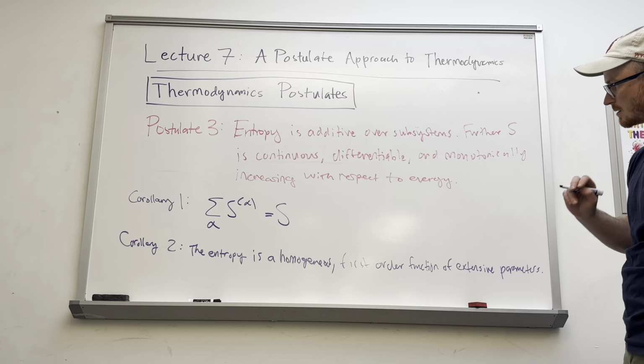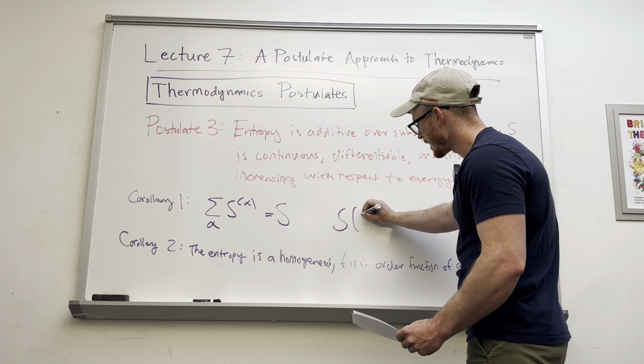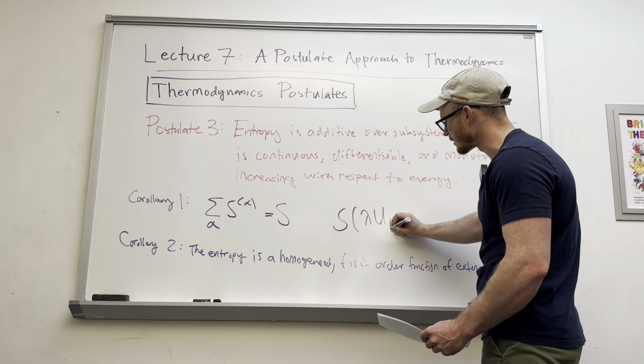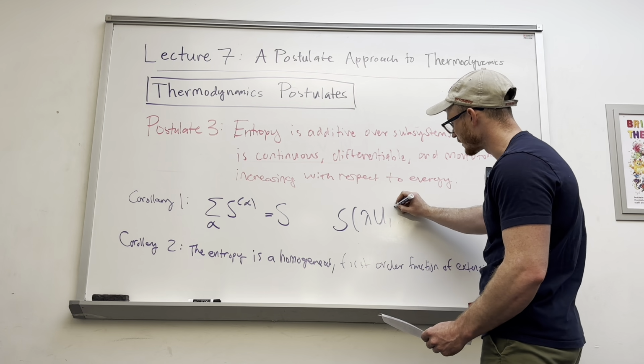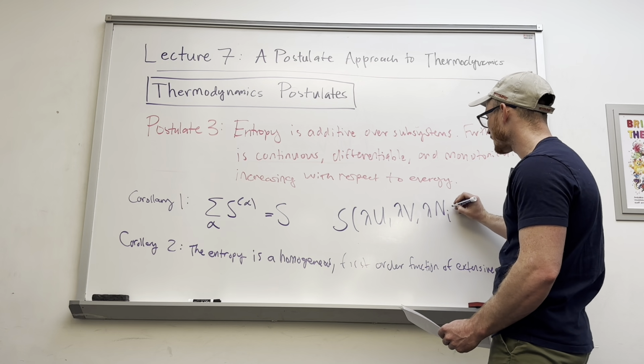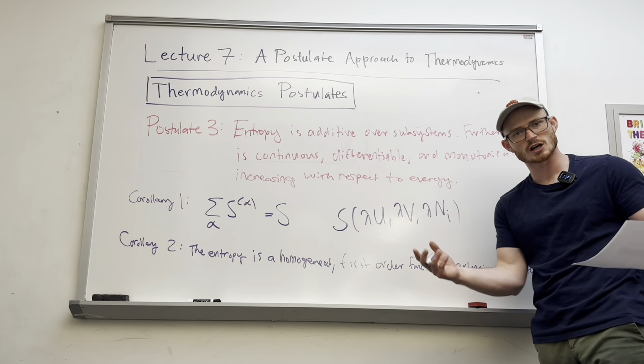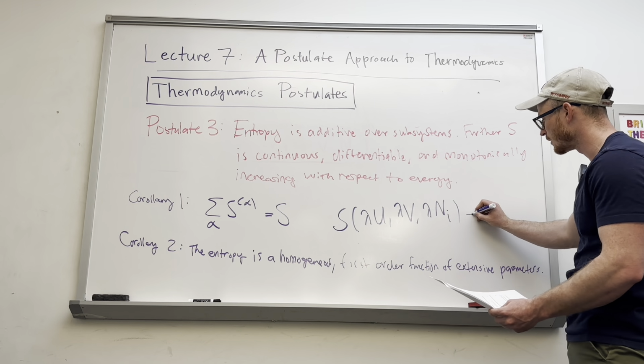is that if you take your entropy function and you change its arguments by some parameter lambda, so we multiply everything in the system by lambda. This could represent doubling the system size, for instance, if lambda was 2 or whatever, just changing the system size by some scalar.